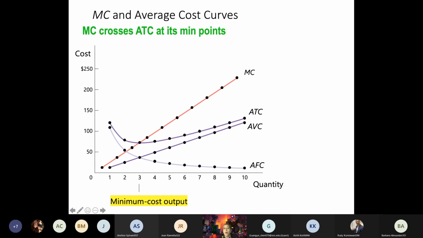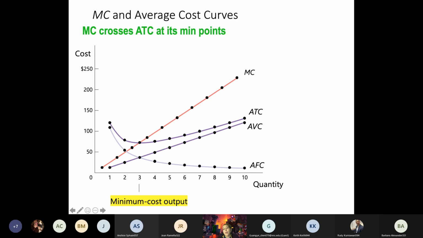So this way we just practiced drawing cost curves, and we also noticed that marginal cost crosses average total cost, and in fact average variable cost too, in a graph where variable cost also goes down at first, at its minimum points.